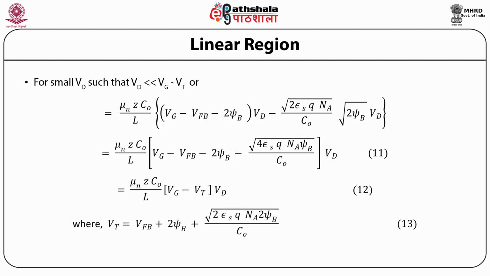Now here we have assumed Vt to be equal to Vfb plus 2 psi b plus root of 2 epsilon s q Na 2 psi b by C naught. By plotting Id versus Vd graph for small Vd, Vt can be obtained from linear extrapolation to the Vg axis.